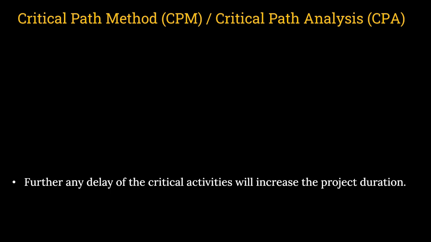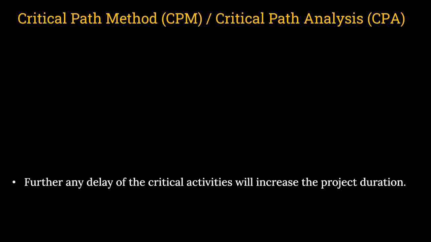Further, any delay of the critical activities will increase the project time. Same thing: if you want to reduce, then reduce it on the critical path activity only. If you want to increase, suppose you are not able to complete some activity on the critical path, then automatically what will happen?